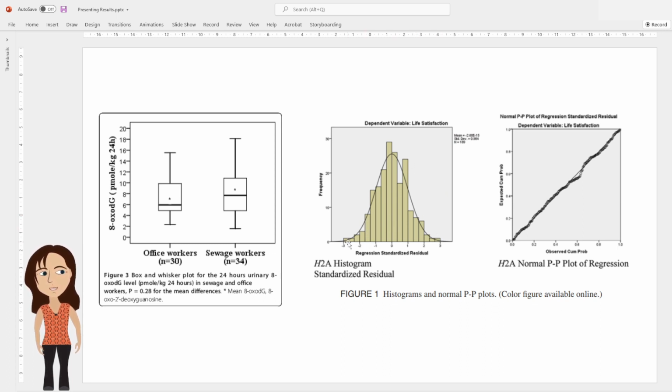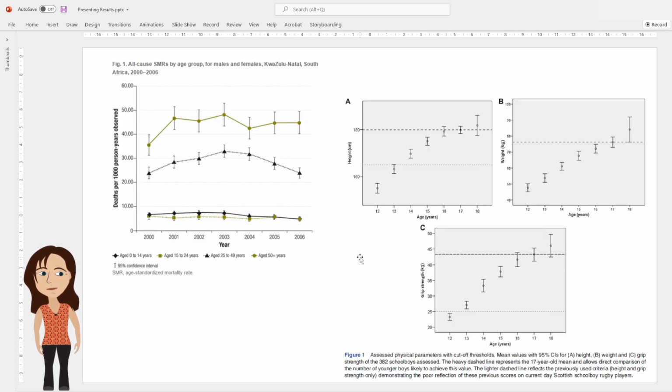They probably wanted to demonstrate that their model did have normal residuals, because it might have been a critique when they first submitted it that this was not an appropriate regression technique, because perhaps it was an unusual application with life satisfaction. I don't know, but they've included the graphs.